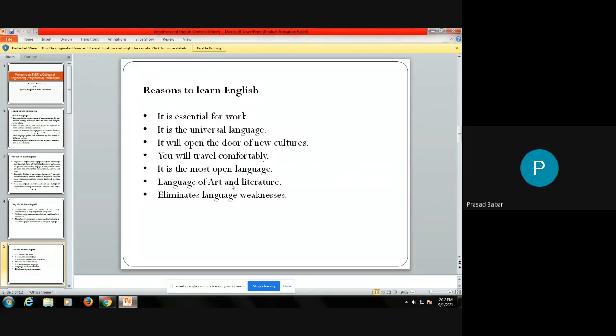Okay, that is why it is a universally spoken language. It is universally accepted as a universal language.